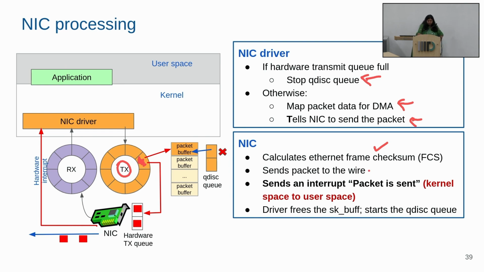In between, when I say send packet to wire, a DMA operation has happened. We invoked the DMA and told it to send the data. After this is done, an interrupt is sent to the user space saying your packet has been successfully sent out. Only after this interrupt is sent, this skb is released. Till then the skb is not released. Then you proceed with the next packet in the QDisk queue.